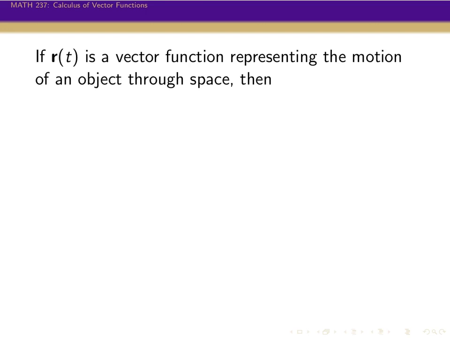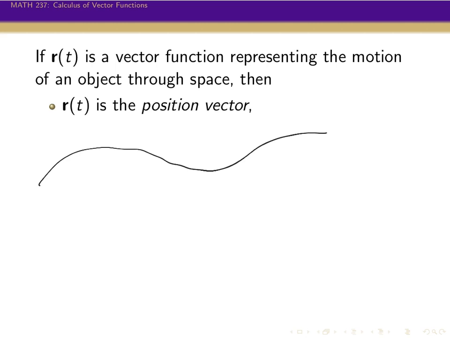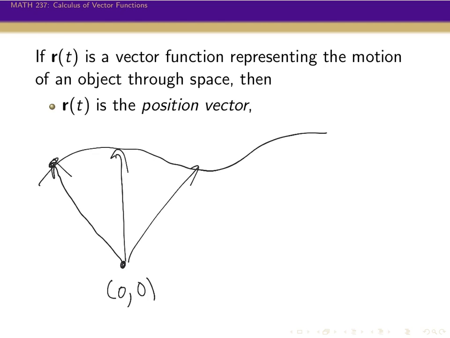Okay, so if r of t is our vector function, and we're thinking about this as representing some point or object moving through space, then what is r of t and everything else really representing? Well, r of t itself is the position vector. If we think about the curve, remember r of t is a vector. So from the origin, what the vector is doing is pointing out from the origin to where the object is at different times.